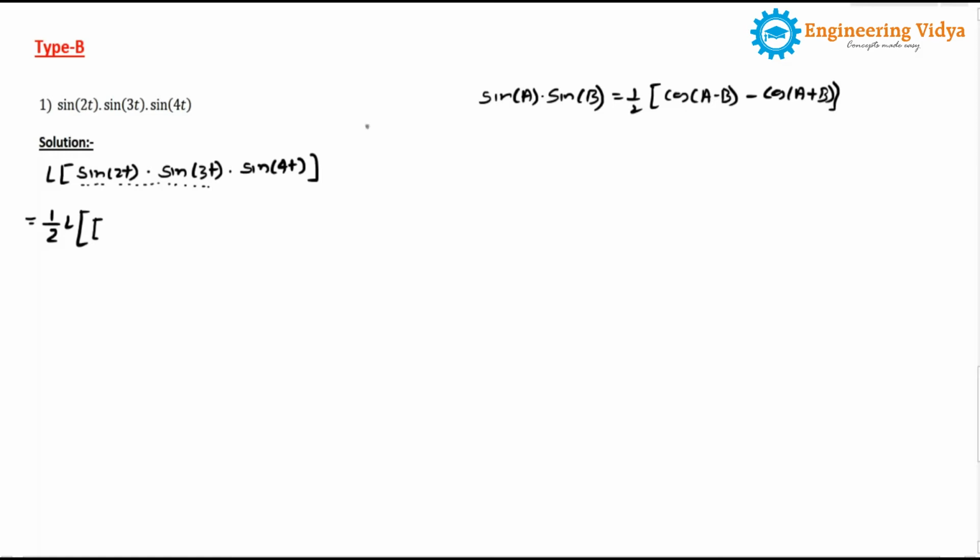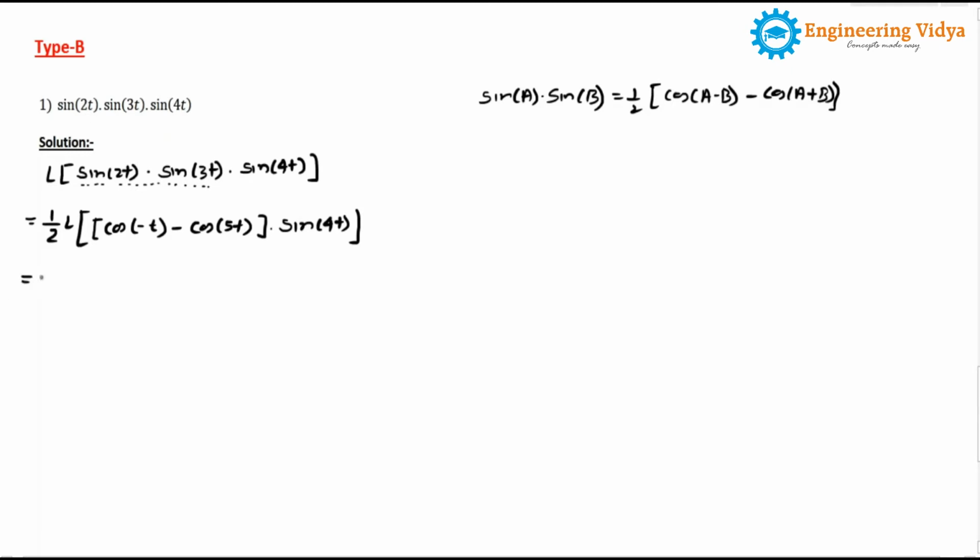So cos of a minus b: 2t minus 3t will be minus t, so cos of minus t will come, and then minus cos of 2t plus 3t, which is 5t. So we write cos of 5t, and at last we write sin of 4t as well.